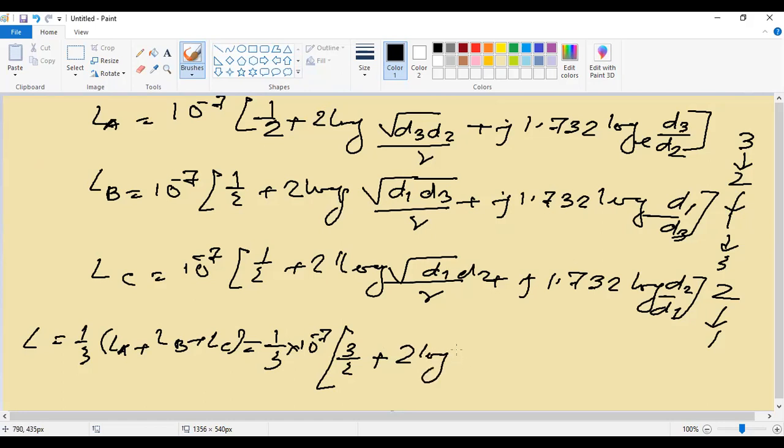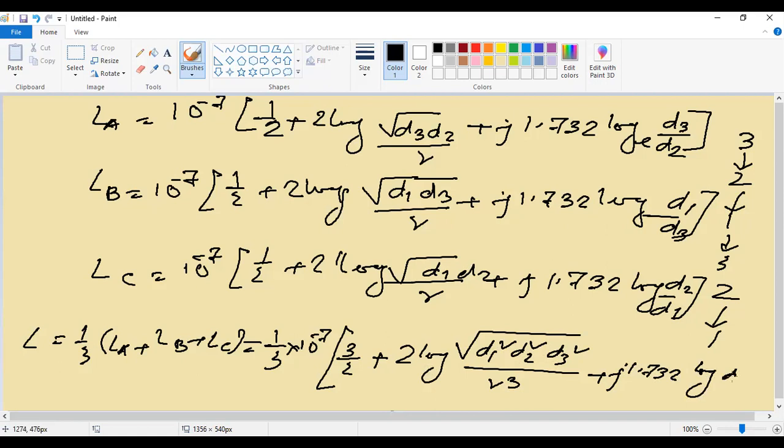Then we have a square root of this. What will happen? All things will be multiplied. So this will be d1 square, d2 square, and d3 square by r cube, plus j into 1.732 log of d3 by d2, then d1 by d3, then d2 by d1.